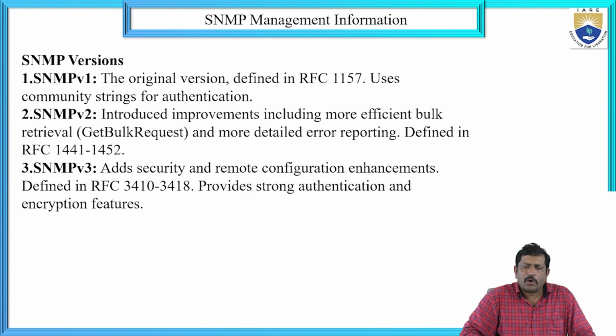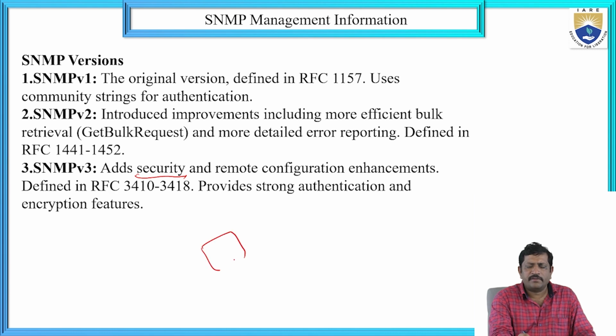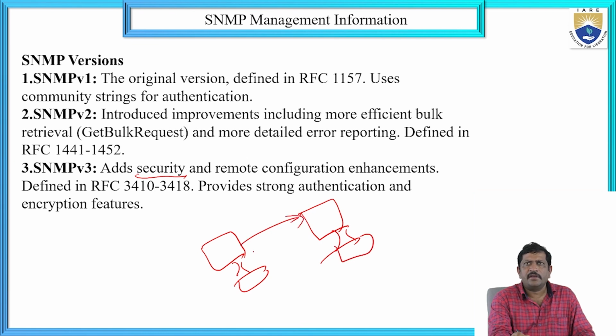In SNMP V3, what are we doing? We are providing high security for whatever data we are transferring between the devices. And also remote configuration can be provided, which is defined in RFC 3410 to 3418.